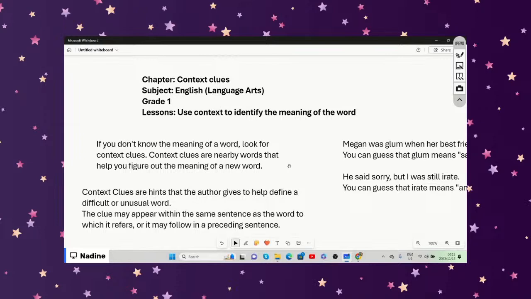And that is how it will help us to define a difficult word or an unusual word. That is why I say it's like giving you some form of hint.